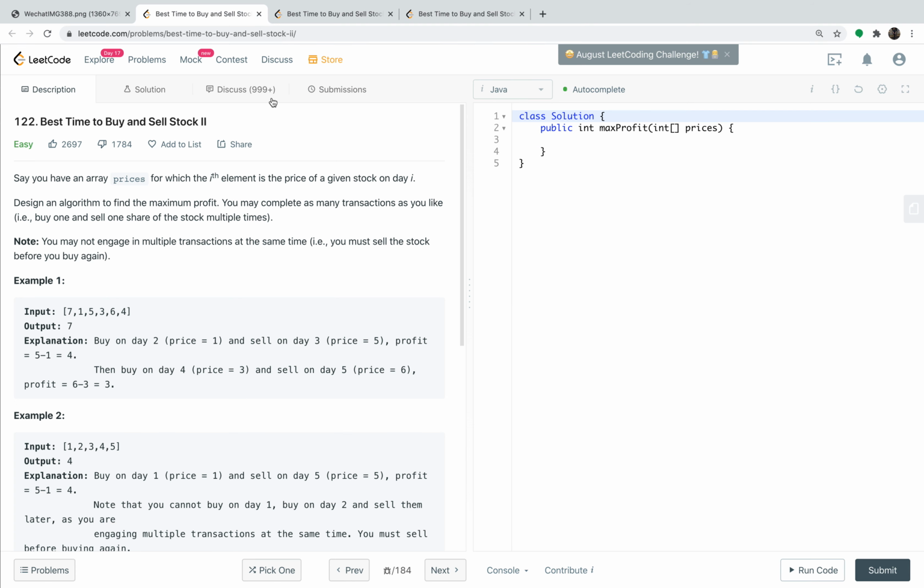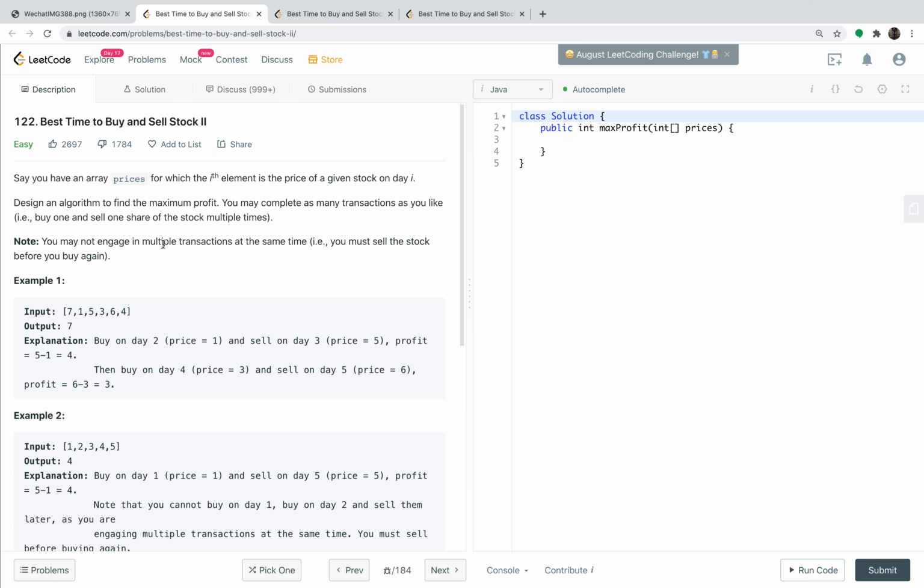The second case is that still we are given an array of the prices, but in this case, you can complete as many transactions as possible as the previous question. However, you must not engage in multiple transactions at the same time.